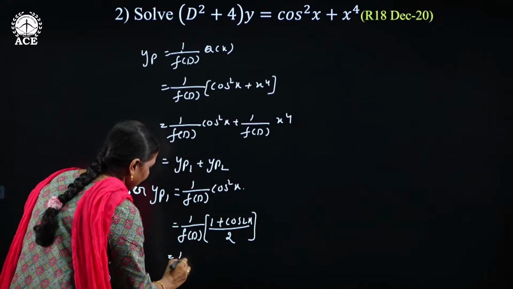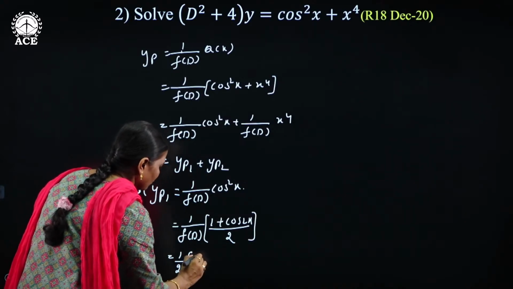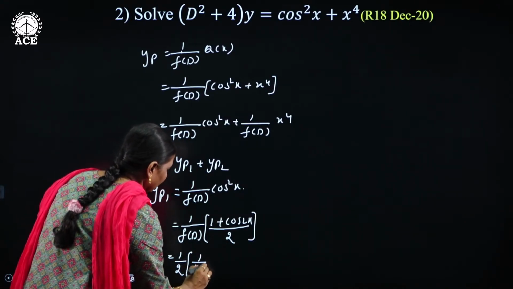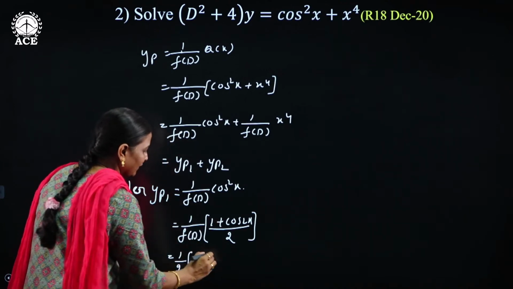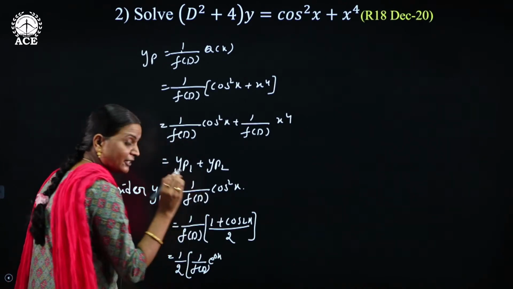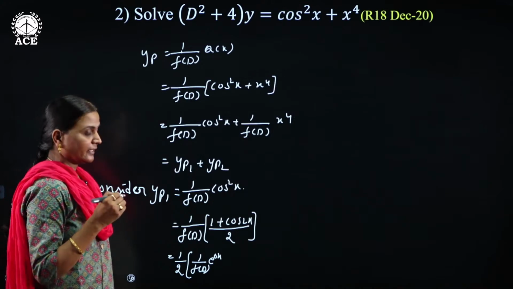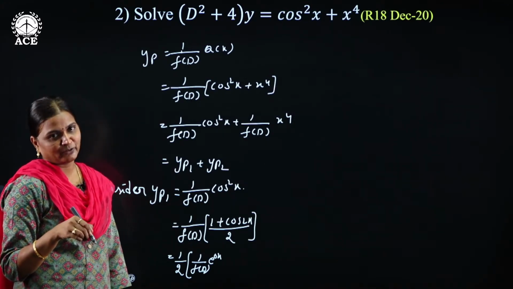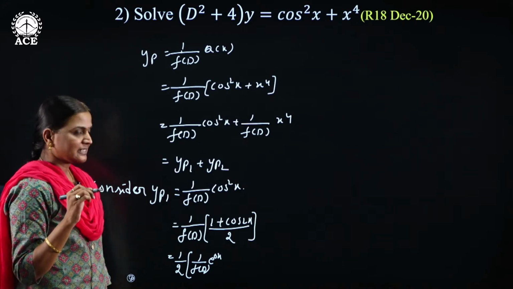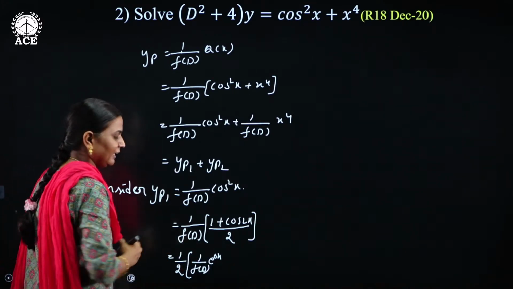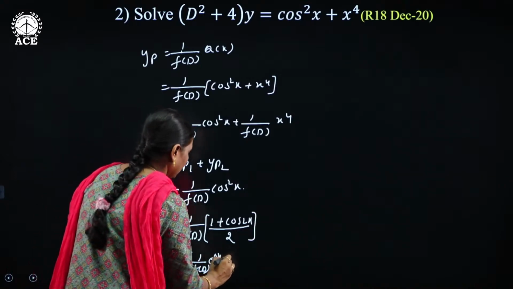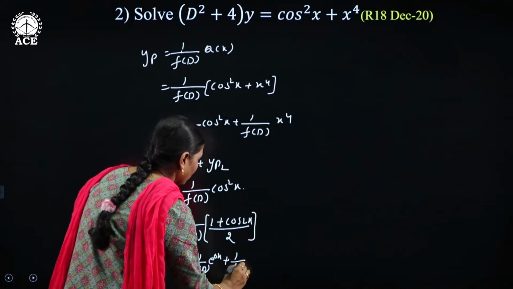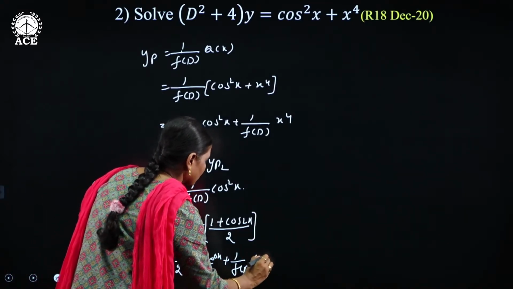Again this can be written as 1 by 2 into 1 by f of d into 1, which can be written as e power 0x. Here you can write that as either e power 0x or cos 0x or x power 0, that is our choice. So here I am taking e power 0x plus 1 by f of d into cos 2x.